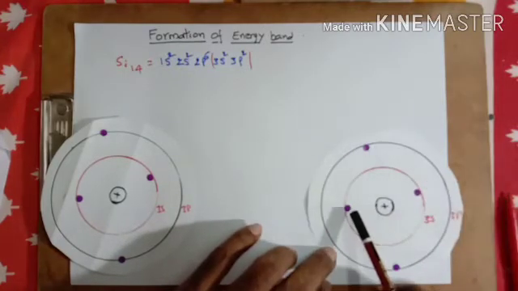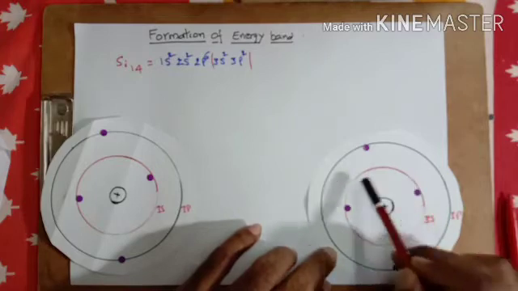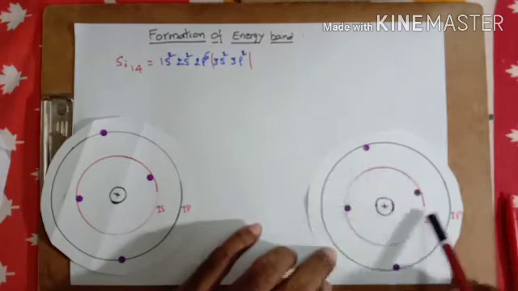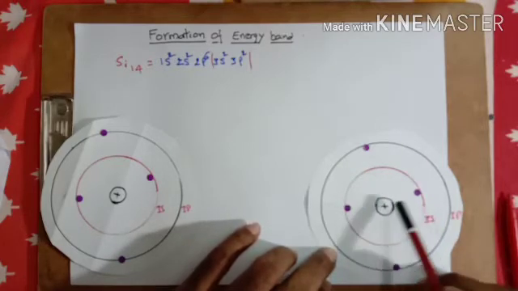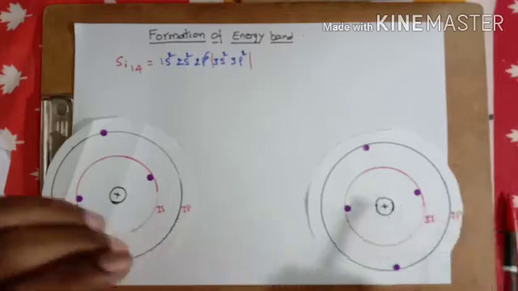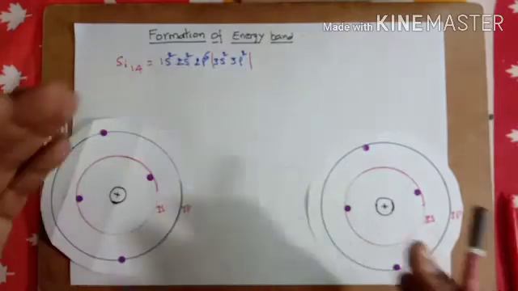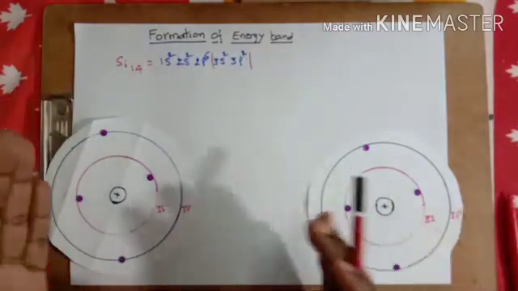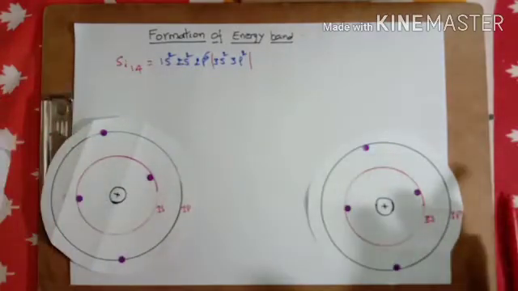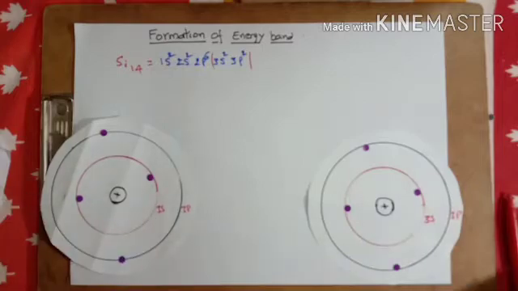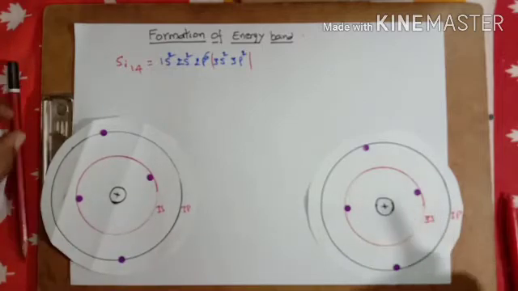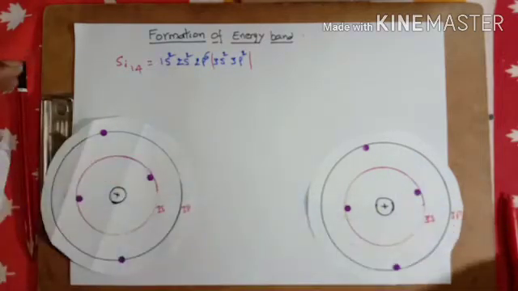And there are 2 states in the 3s energy level, and both states are filled with the respective electrons. Alright, so this is the condition for an isolated atom, or when we take 2 atoms where the interatomic spacing is very far.